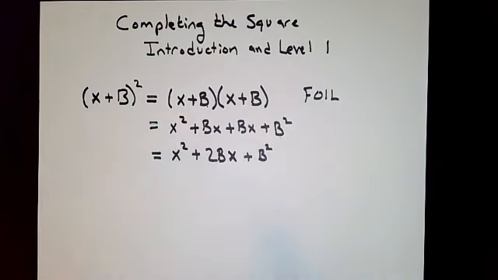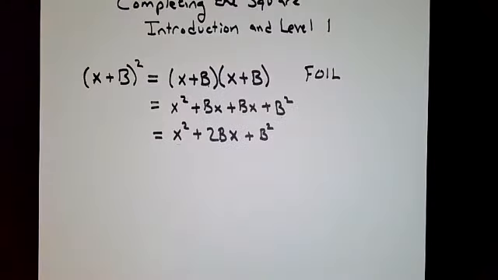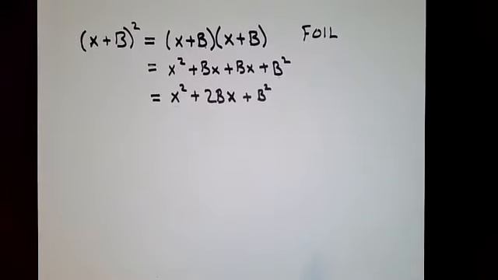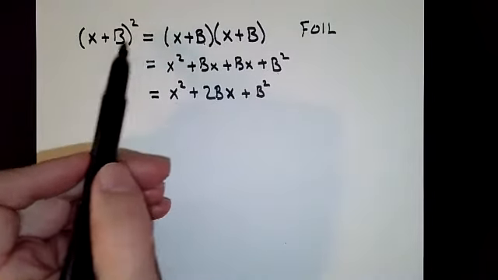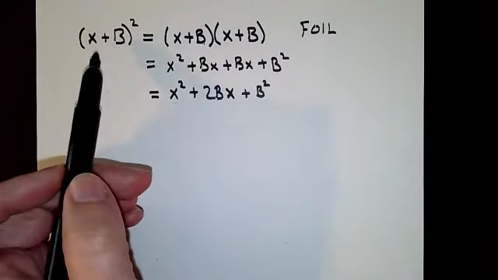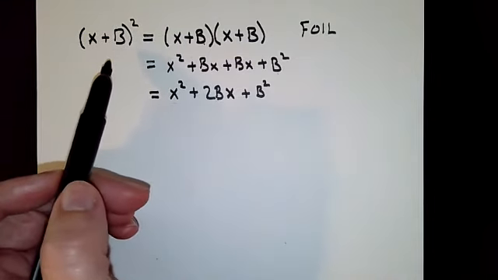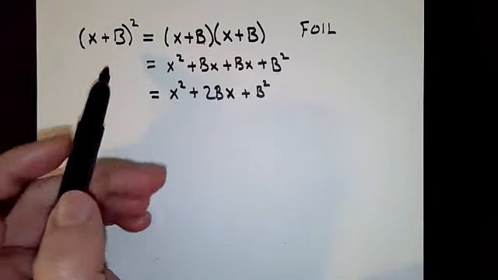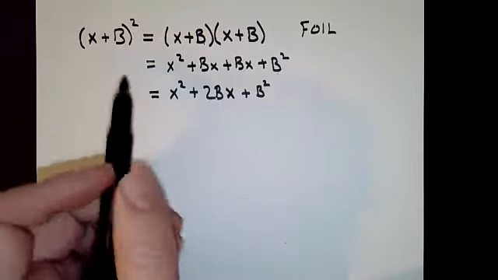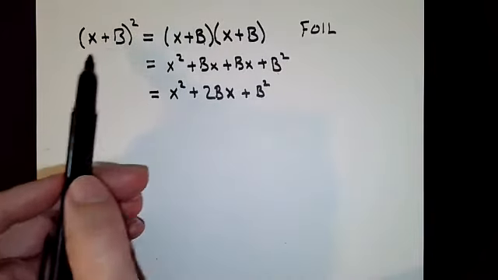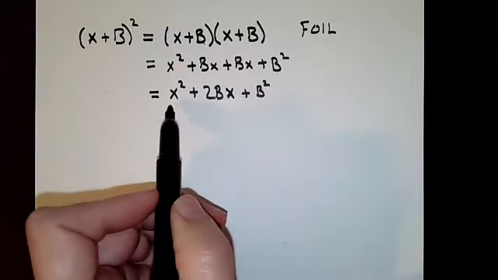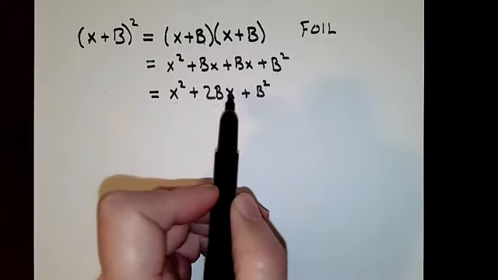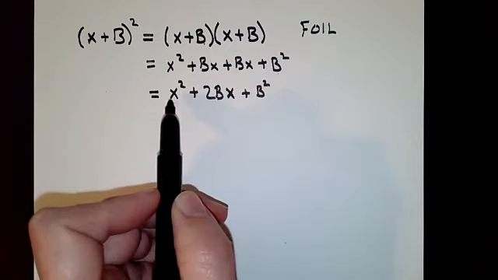So it turns out that any quadratic has this perfect square lurking somewhere inside it. So completing the square is a way of adjusting the way a quadratic looks so that we can find this perfect square. And to do that, we'll take the quadratic and we'll match it up to this pattern.